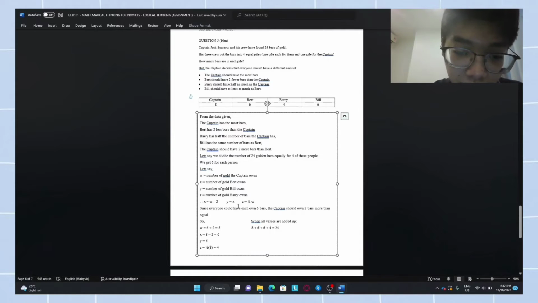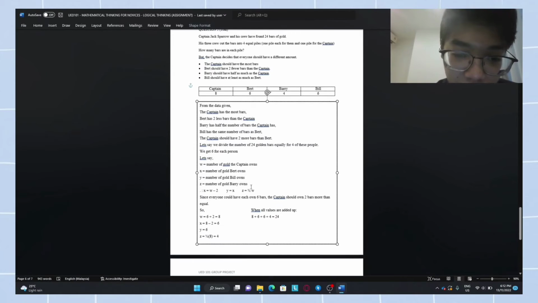From these equations, we can easily calculate how many golden bars each person has. If we divide equally, everyone should have 6 bars. But since everyone has a different amount, we cannot just say everyone has 6 bars equally.